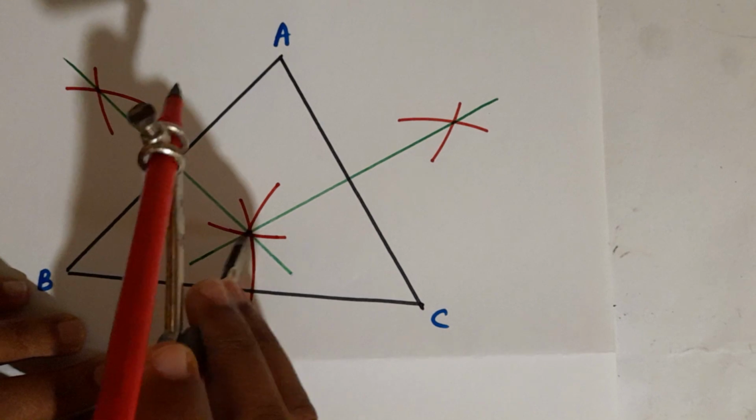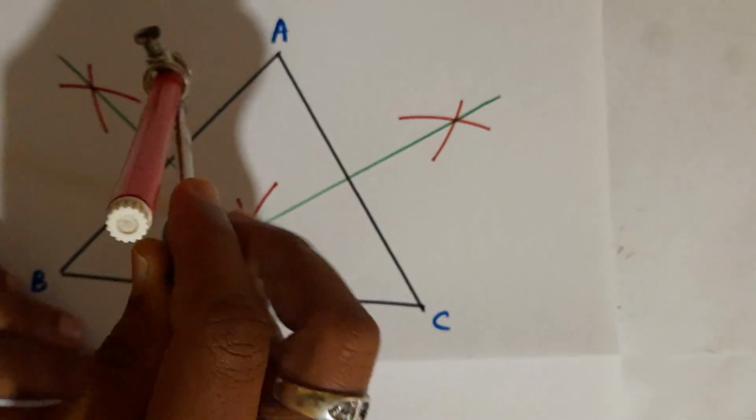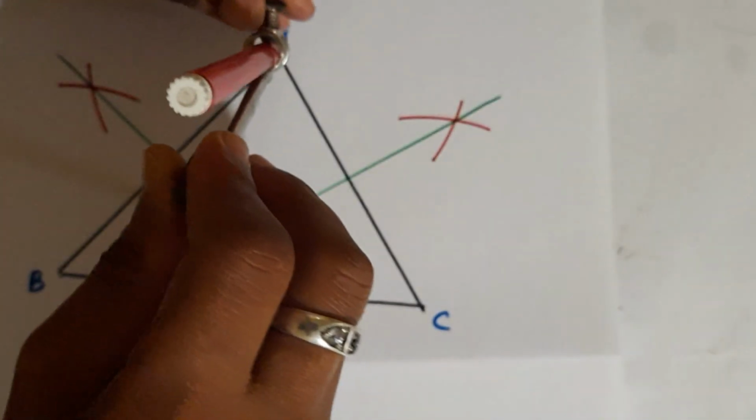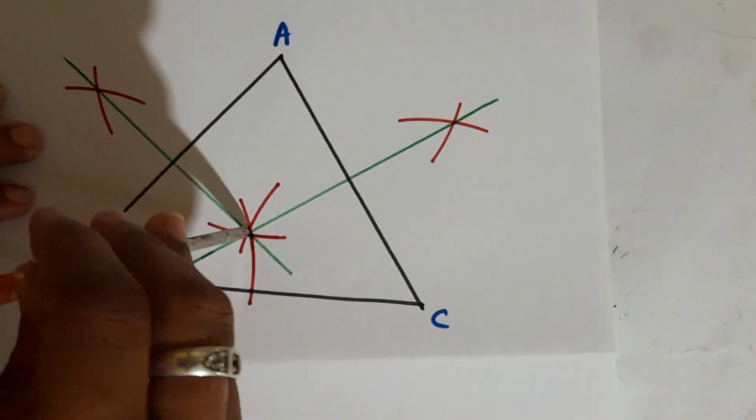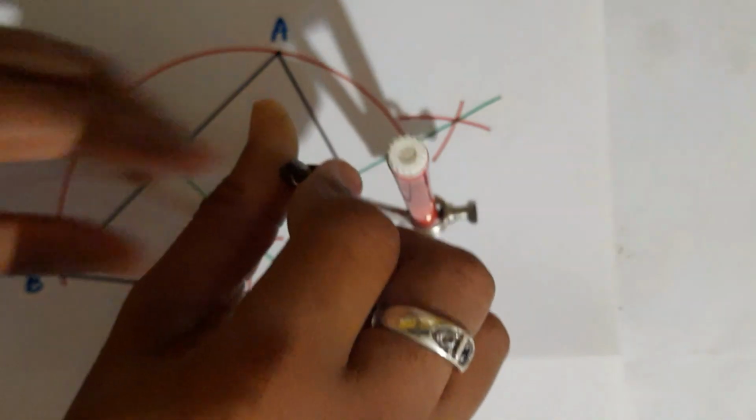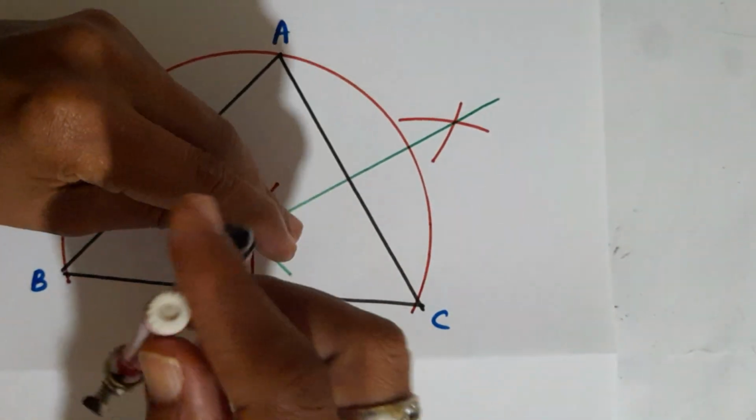Next, by taking this point as the center of the circle and taking the distance OA as the radius of the circle, we can construct the circumcircle like this.